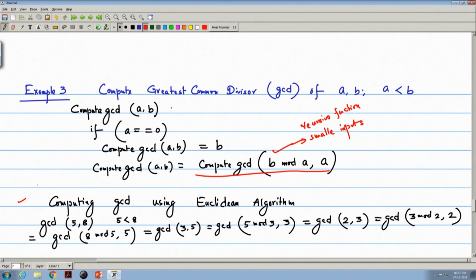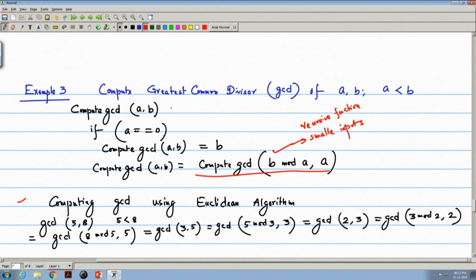So, this is one recursive algorithm for computing GCD, and with this example we see that it is nothing but the implementation of the Euclidean algorithm. In this way I have given some simple examples of how we can design and develop a recursive algorithm, which has a basis step, that is my terminating condition, and the recursive step, which contains the recursive function, that means the same function with smaller inputs.